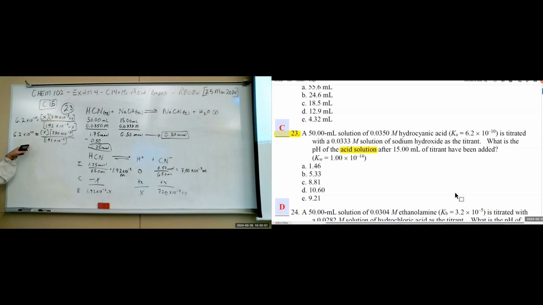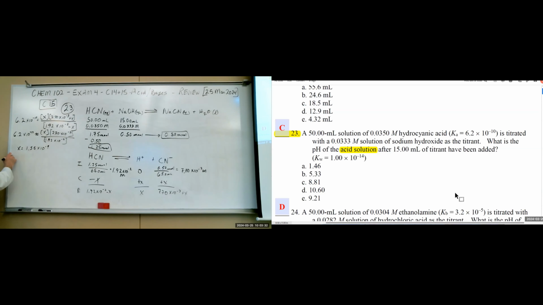The first approximation is not going to be correct. I know that right off the bat. So 6.2 times 10 to the minus 10, times 1.92 times 10 to the minus 2, divided by 7.7 times 10 to the minus 3. So this says x equals 1.55 times 10 to the minus 9. Right? So the next thing you would do is substitute this x for that x and that x and recalculate x.